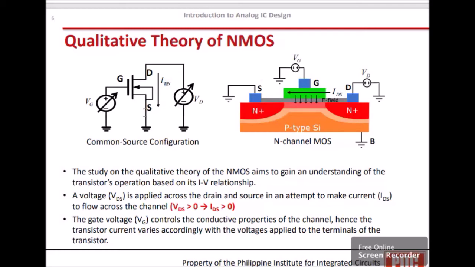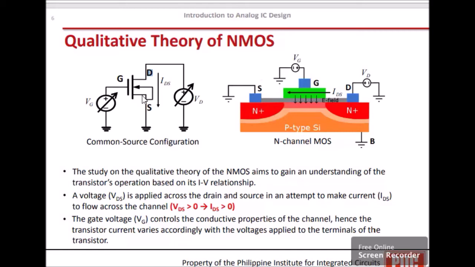Yung gate voltage din naman, aside from nagkakaroon siya ng tulay, yung quality ng tulay, yung conductive property ng channel, depende din po sa VG. Pag medyo lesser yung value ng VGS natin, medyo lesser siya ng VTH ng konti, hindi din ganoon kaganda yung layer na mapoproduce.